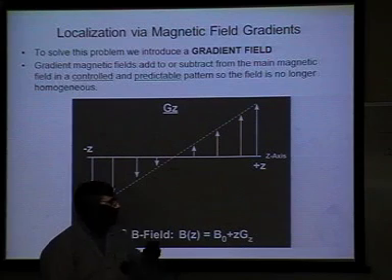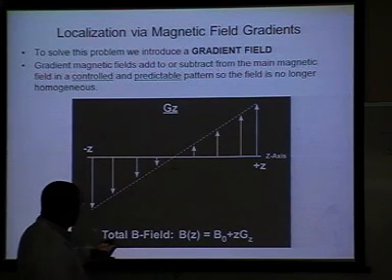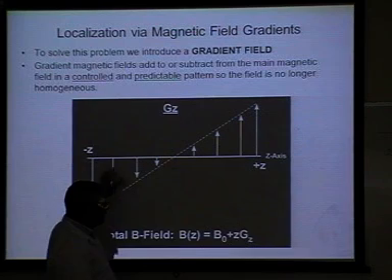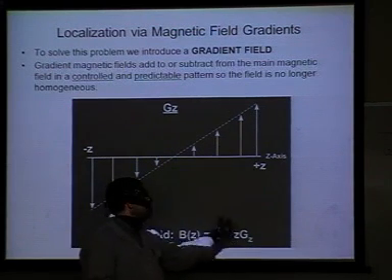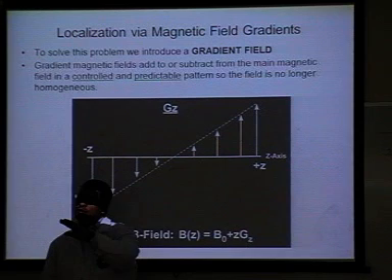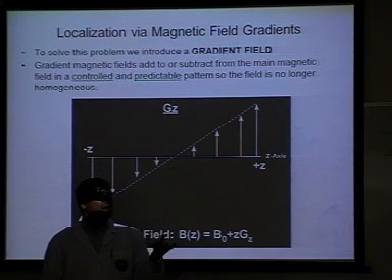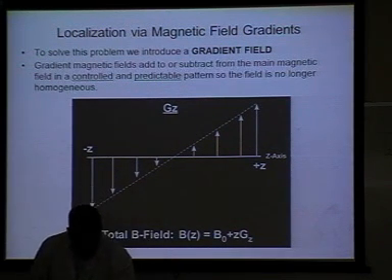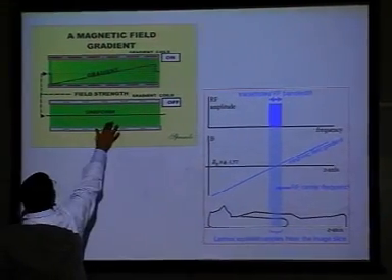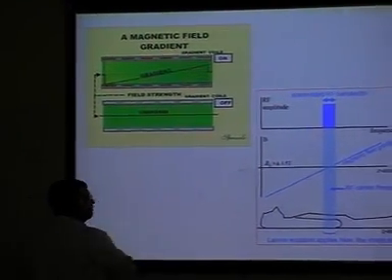The total magnetic field, BZ, will be B0 plus some value, which is these vectors. So instead of having a uniform field, I'm going to get a variable field, a field that is not constant throughout. Instead of something uniform like this, I'm going to have something variable like this.